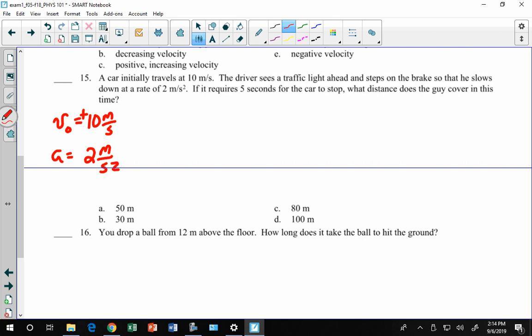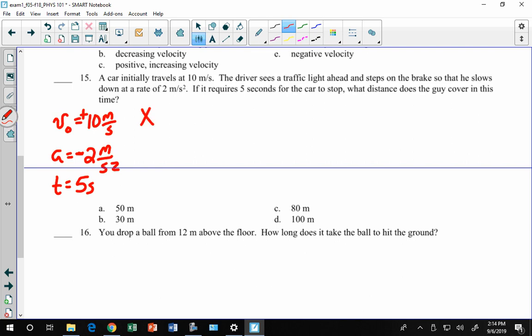And if he's slowing down, that means the acceleration is opposite the velocity. Negative acceleration is not always deceleration, but in this case it is. It requires 5 seconds for the car to stop. T is equal to 5 seconds. What distance does the guy cover in this time? And I want to know what is X.